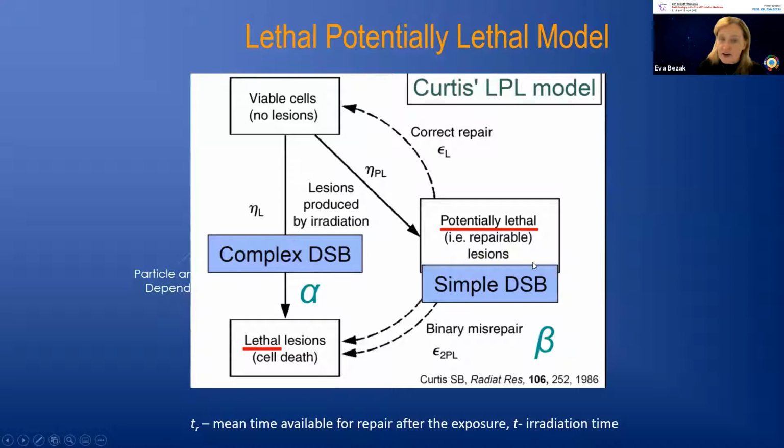Or it can create potentially lethal damages like simple double-strand breaks or single-strand breaks of the DNA that are repairable lesions. These can undergo correct repair, and these cells will again enter the cell cycle and can contribute to tumor growth. Or they can be misrepaired, and because they are misrepaired, they can result in cell death.